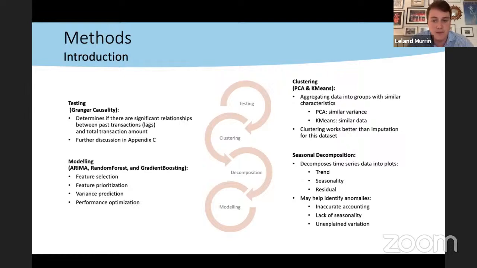So getting into the methods that were used in this analysis, we have some testing, clustering, and then decomposition and modeling. It started with Granger causality testing to determine significant relationships between the total transaction amount and past transactions, isolating specific descriptions, like looking at CB, for example, whether or not lagging its description 1 transaction amount by a certain period could explain a trough that comes up.